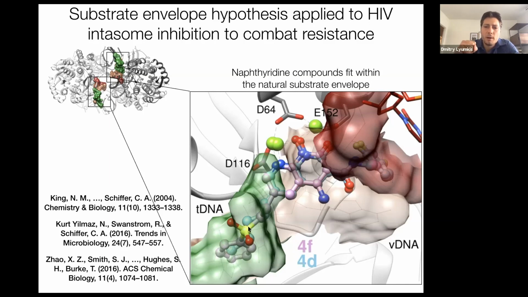But if the drug protrudes outside of the substrate envelope, then a resistant variant can much more easily displace the compound without actually compromising viral fitness. Therefore, as we're optimizing these compounds, we're using the HIV substrate envelope to guide us and to make sure that we're constraining the molecule within its boundaries.